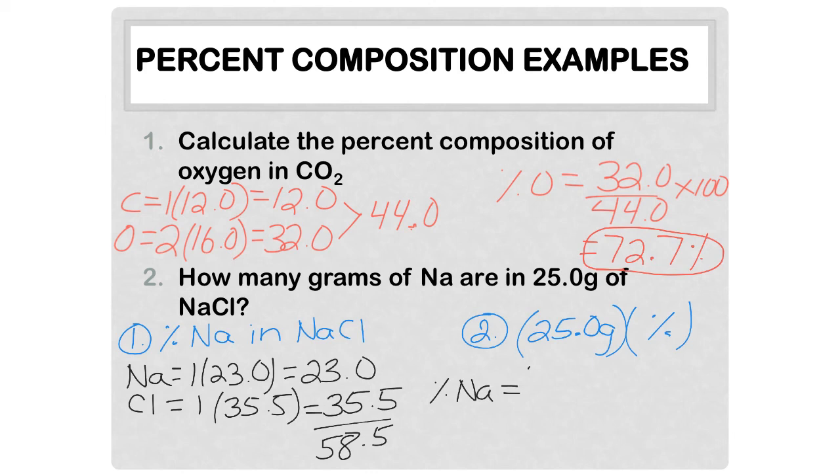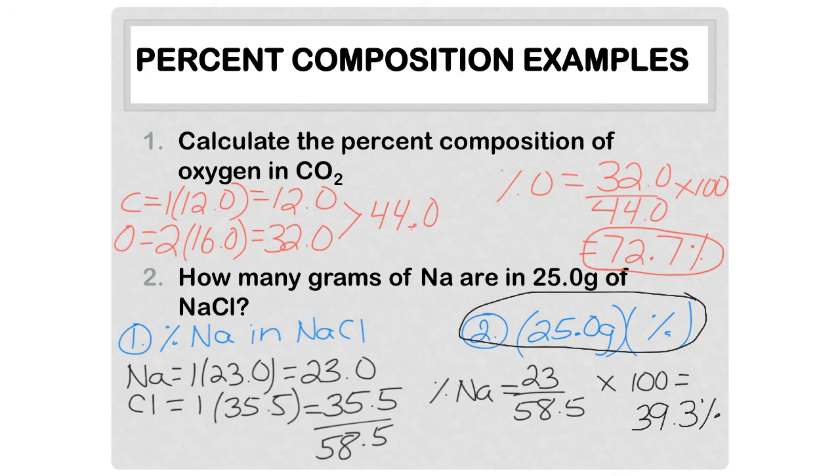So that would be 23 over 58.5 times 100. And that will give us about 39%. It would be 39.3%.